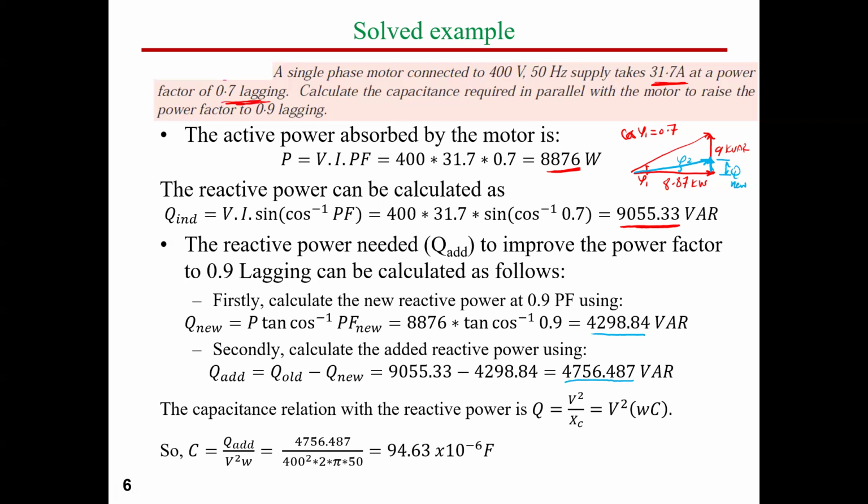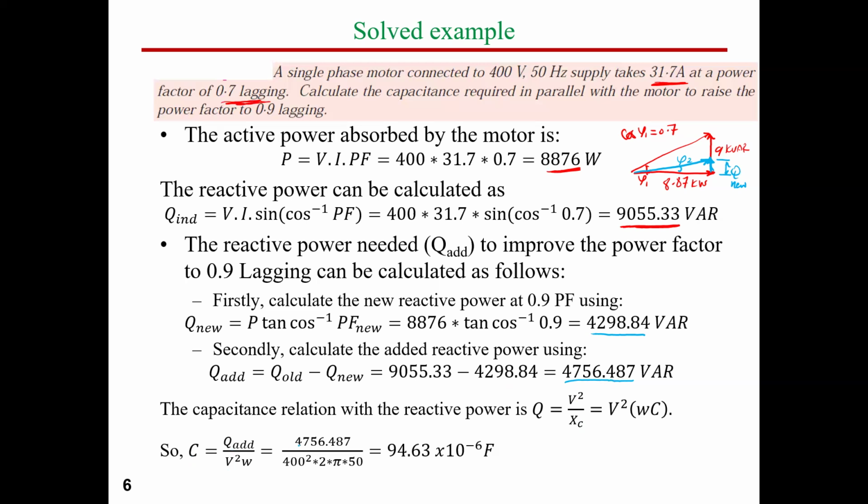How can we calculate the capacitor? Simply, you know that Q equals V squared divided by XC, and XC equals 1 divided by omega C, and omega equals 2 pi times frequency. So C equals Q added divided by V squared omega.